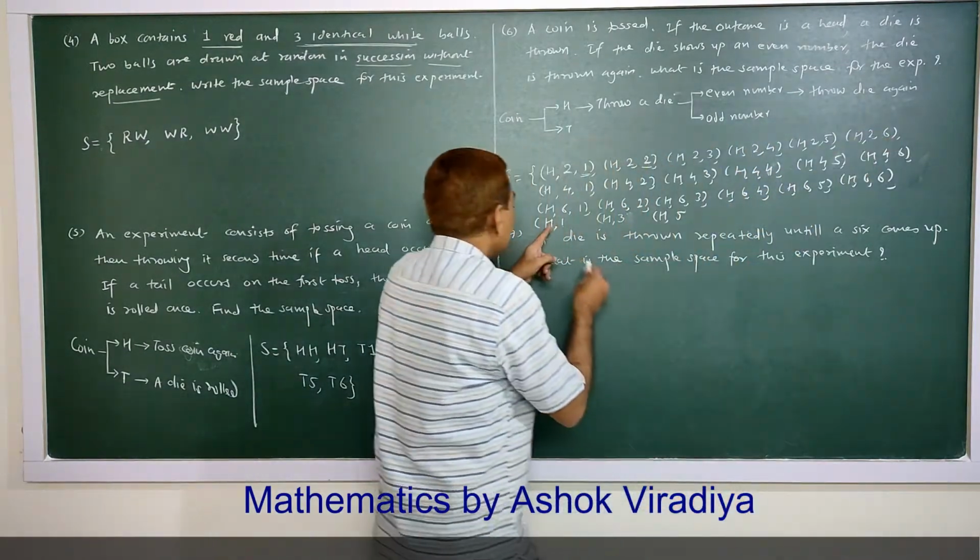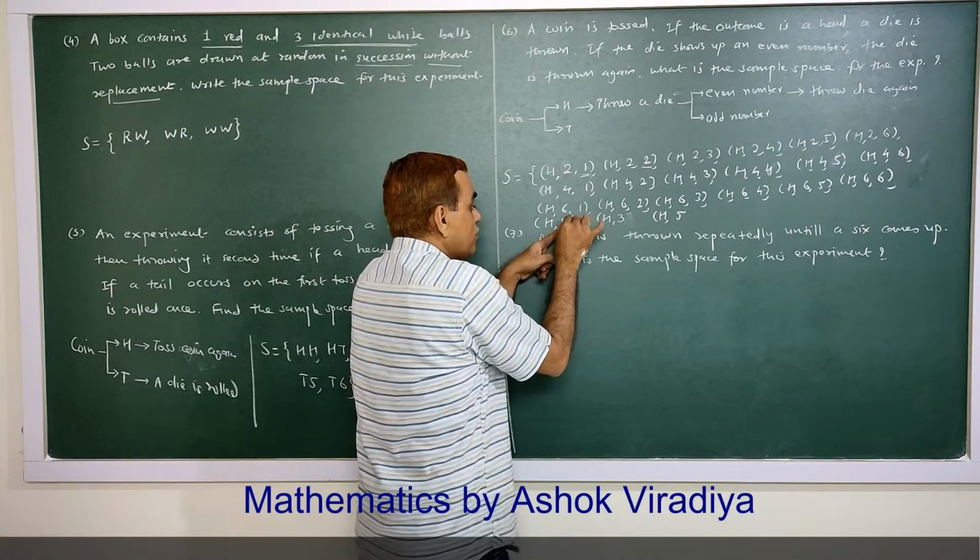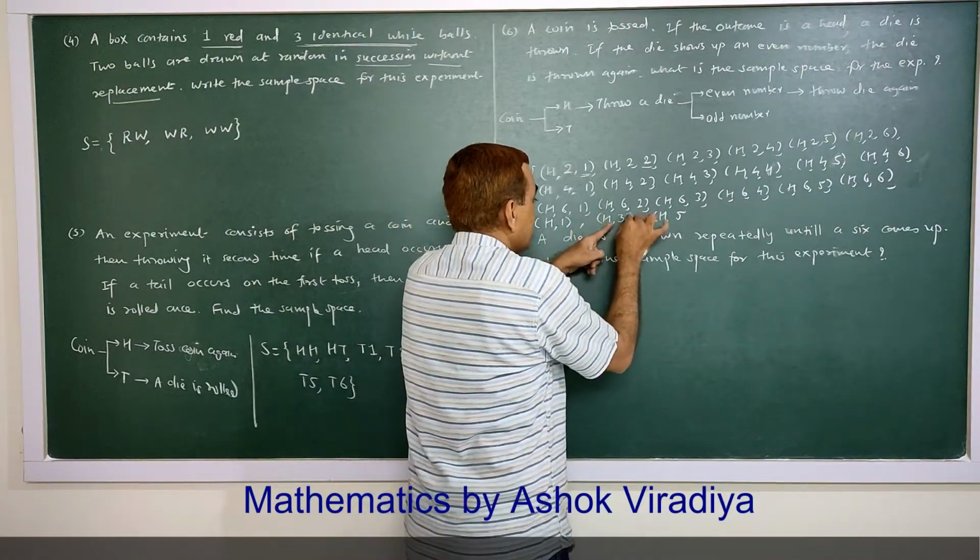So in the first toss H appears, in the second toss odd appears, and the experiment is over.